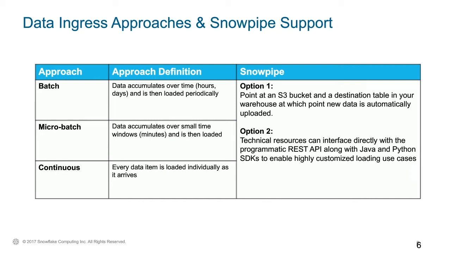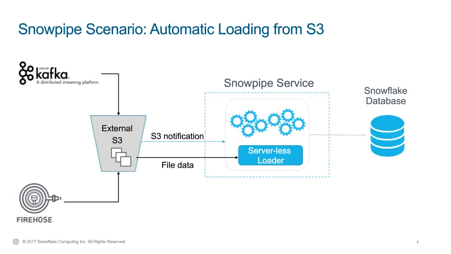So let me tell you a little bit more about the scenarios here that are driving this experience. What we see very, very often is data sources providing their continuous data feeds into services like, for instance, Kafka or Kinesis. And you can use them to stage your files into an external stage, a bucket in S3.